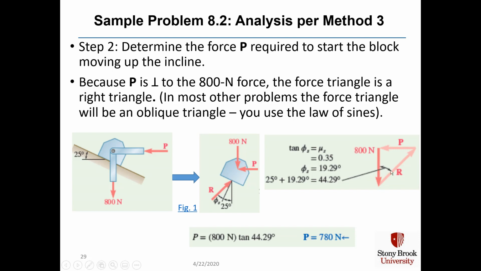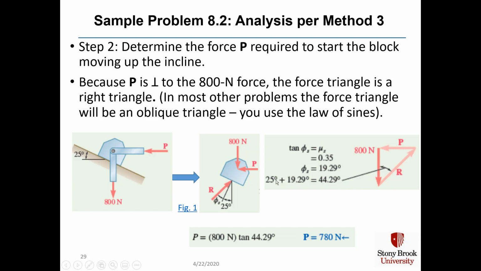And this angle between R and the 800 newtons is the angle between R and the vertical. And that's the critical step that you have to make for a force P defined as what you need to start moving up the incline.